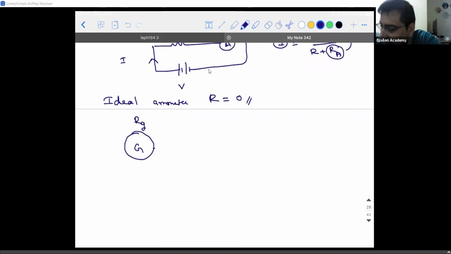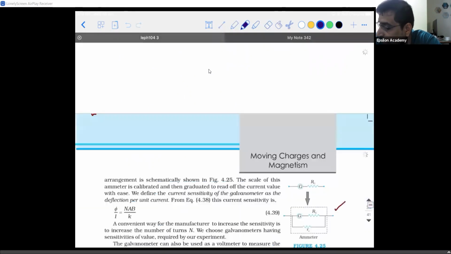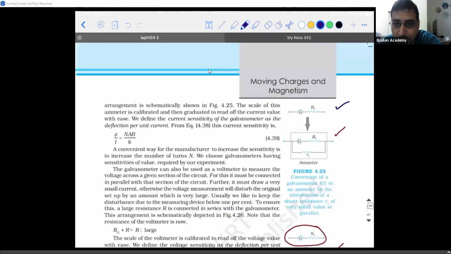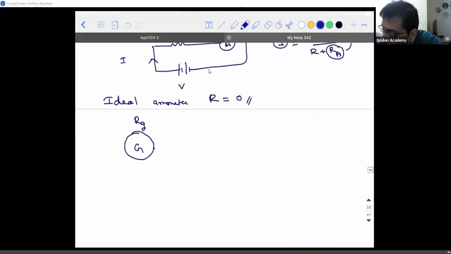So I have a galvanometer which is by default going to have some resistance. This experiment you'll do in the lab. You'll find the resistance of the galvanometer for an experiment called figure of merit. At that point, you will get the resistance of the galvanometer somewhere between 100 to 120 ohm. That is the ideal value that you will generally get in the lab.